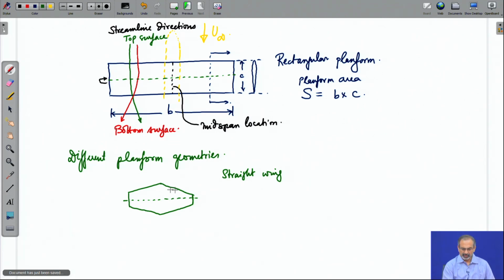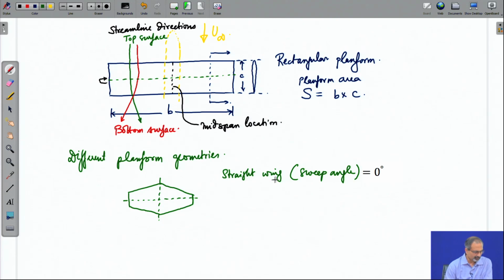So, there is something called as the sweep angle, and in this case the sweep angle happens to be 0. So, you have a half chord line drawn over here.